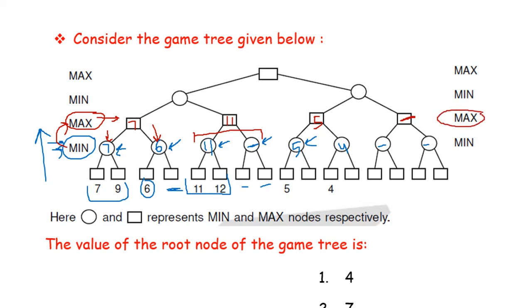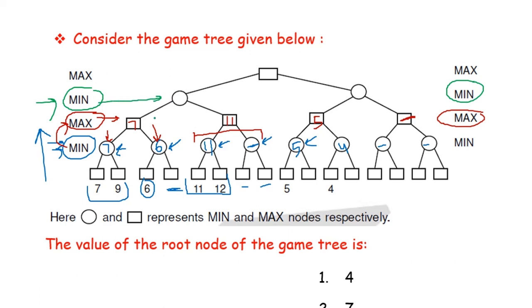It is very simple. We only need to check on which level we are looking for a value. If it is a minimum level, then we will get a minimum value, and if it is a maximum level, we will get a maximum value. Now the next level is the minimum level. So here we will try to minimize our value.